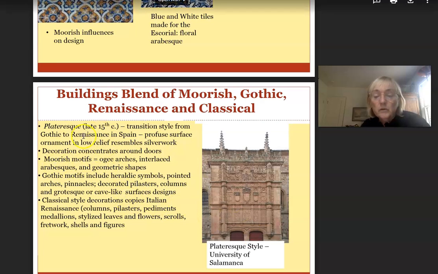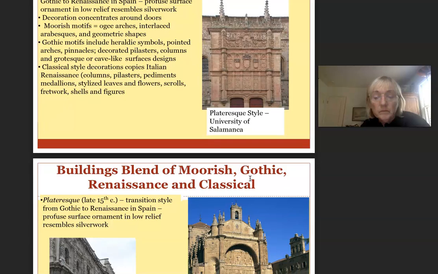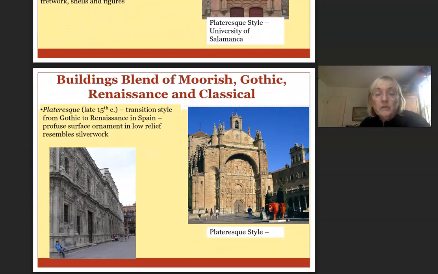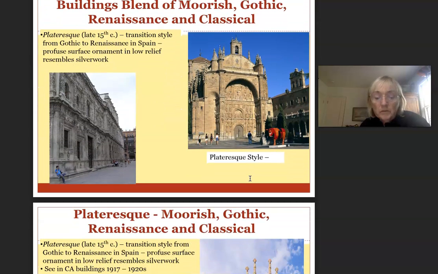You also want to notice the Plateresque style, which is a very ornate style, almost looks like hammered silver on the facades. Here's some more examples of the blend of Moorish, Gothic, and Renaissance in Spain during the Renaissance period.